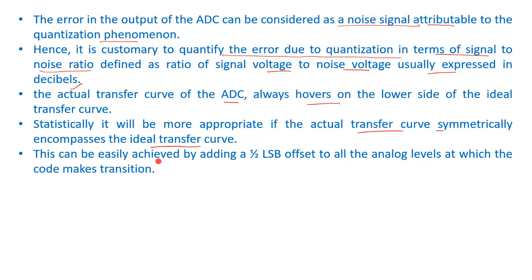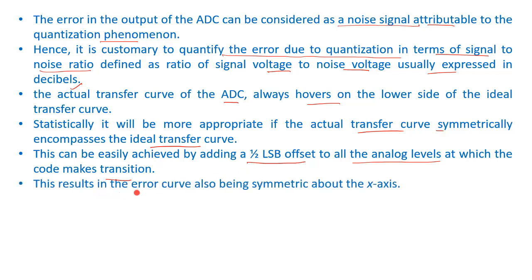This can be easily achieved by adding a half-LSB offset to all the analog levels at which the code makes a transition. Just by making an offset of half-LSB, this results in the error curve also being symmetric about the x-axis.